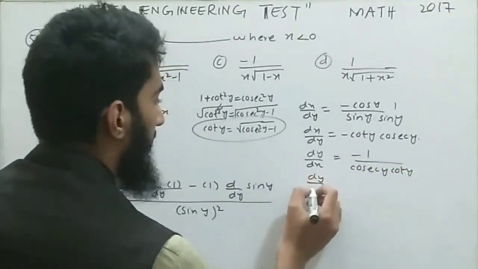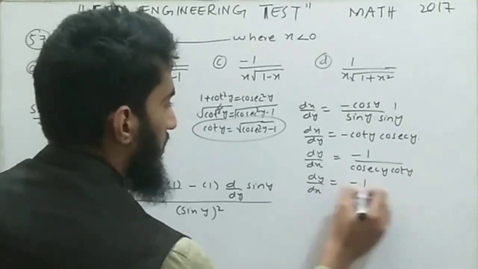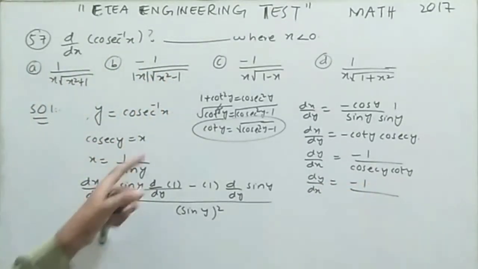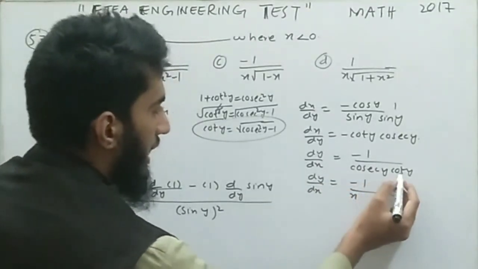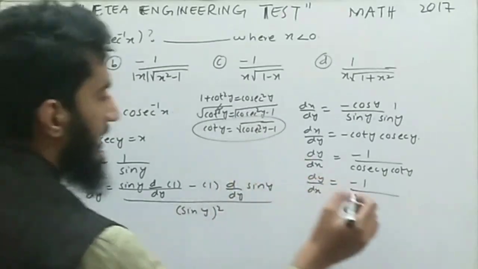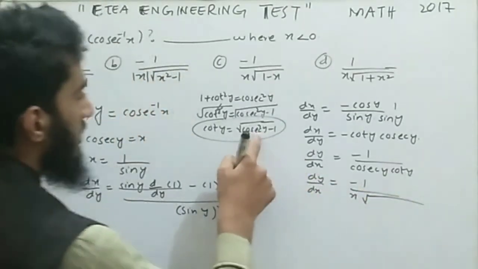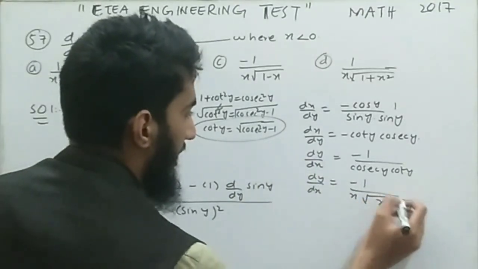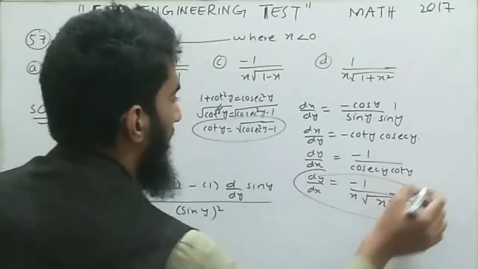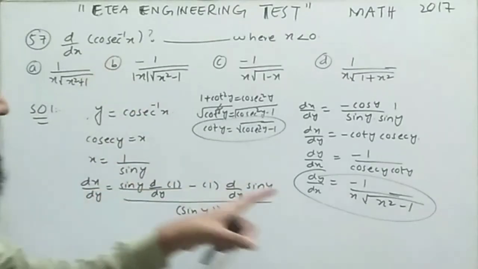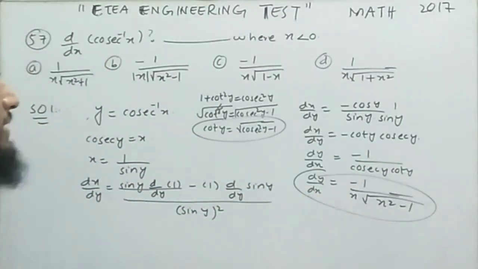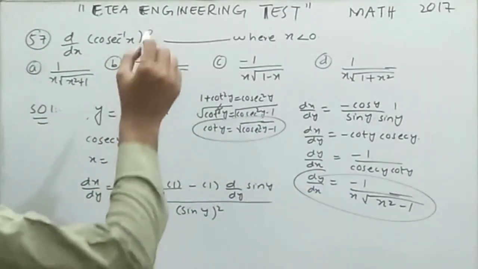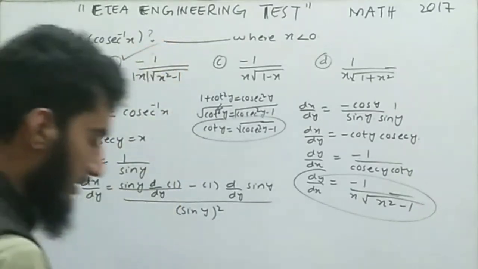So the value of dy by dx will be minus 1 divided by cosecant y, which is actually equal to x, so it becomes x, and cotangent y is under root of cosecant square y minus 1, where cosecant is actually x, so it becomes under root of x square minus 1. So the required derivative of cosecant inverse x, dy by dx, is minus 1 over x under root of x square minus 1. The correct option for this MCQ is option number B.